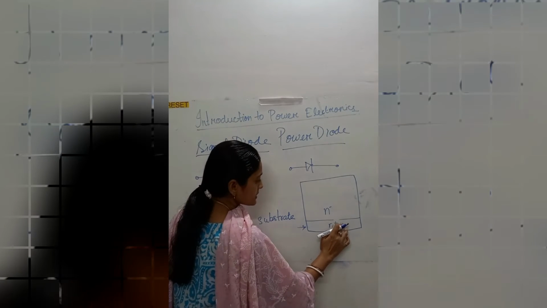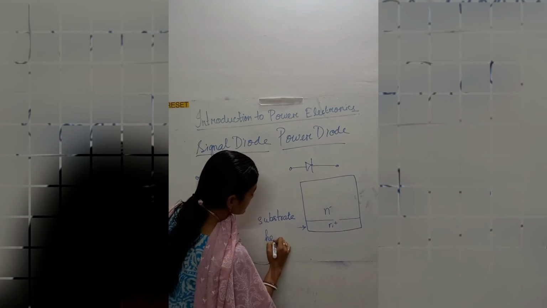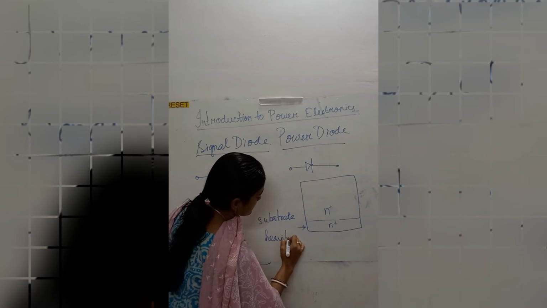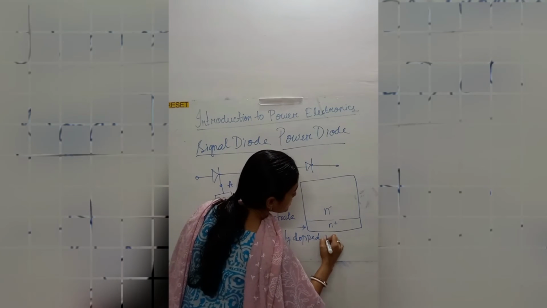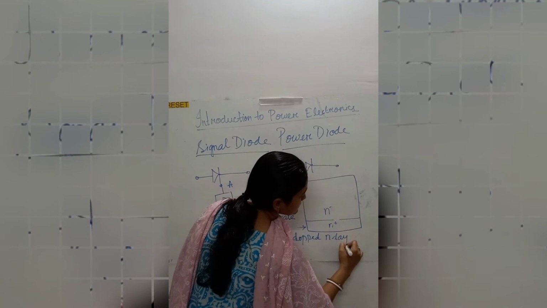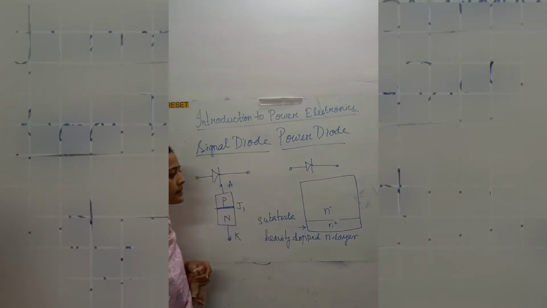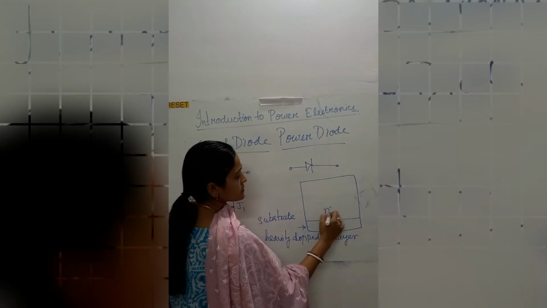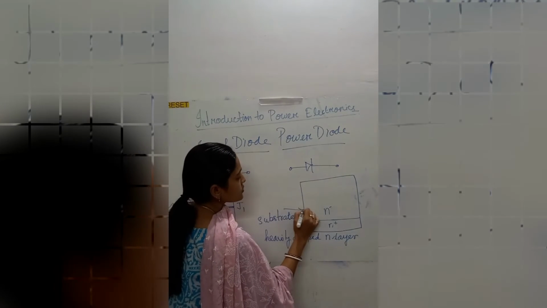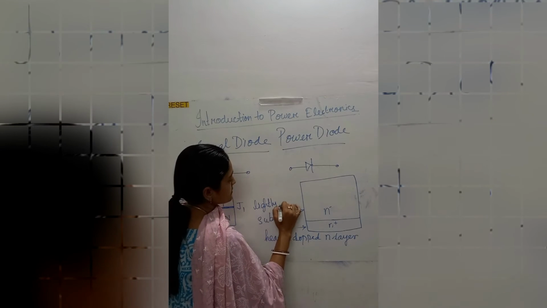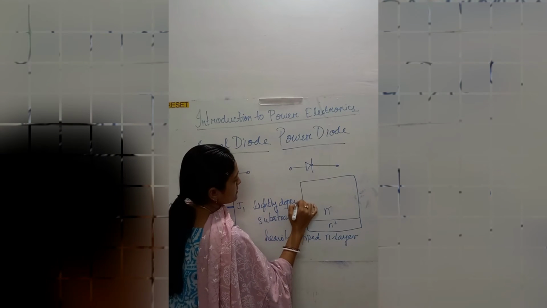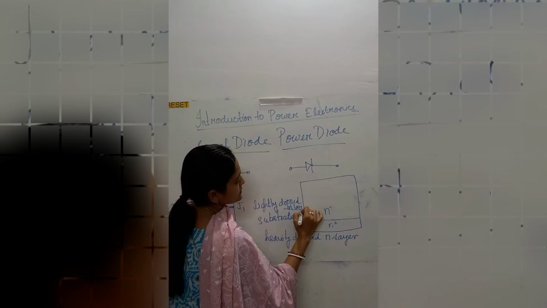So we can signify it as heavily doped N layer. And what happens here? This is lightly doped N layer.